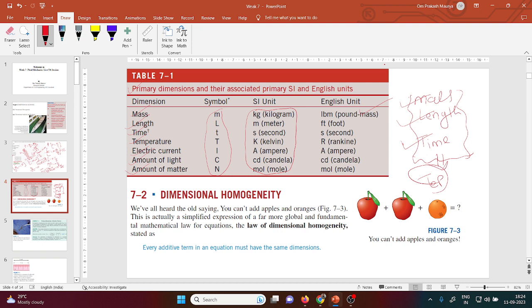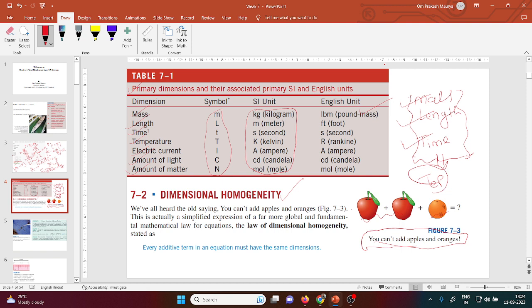Dimensional homogeneity is what the first lecture was about. As you can see here, two fruits are the same thing and the third fruit is different. So you cannot add apple and orange. For adding anything, the dimensions should be the same.